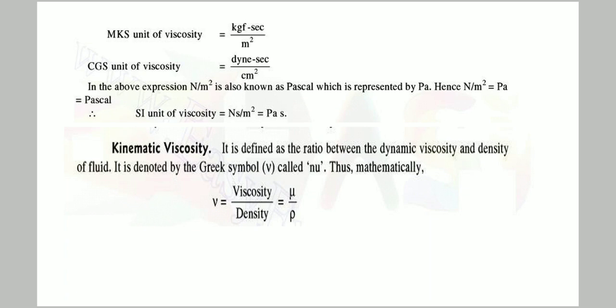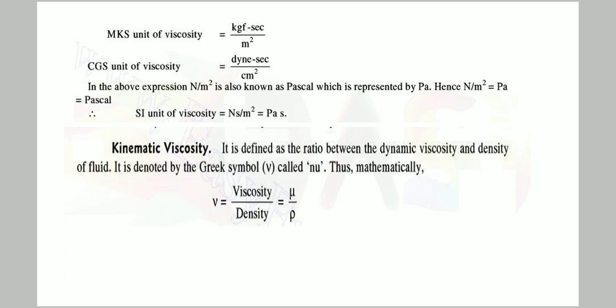Now the unit of viscosity. The MKS unit of viscosity is kilogram force second per meter square. CGS unit is dyne second per centimeter square, or it is also known as poise. So in most of the problems you could see the unit poise, and we come to the SI unit, which is Newton second per meter square or Pascal second.